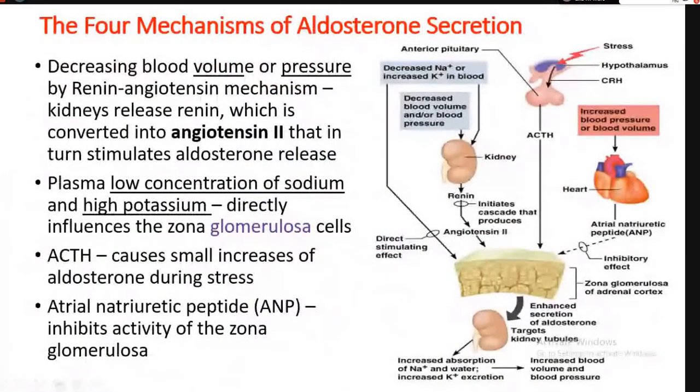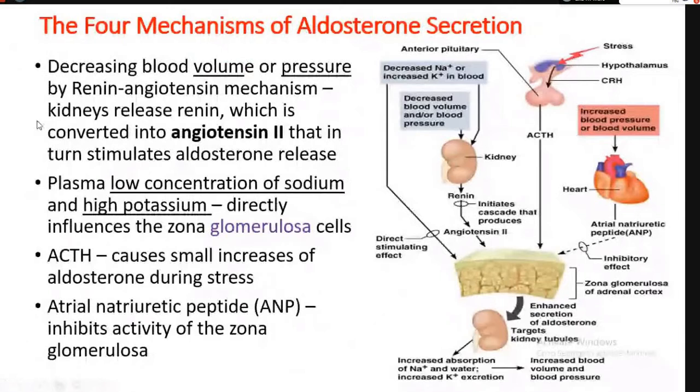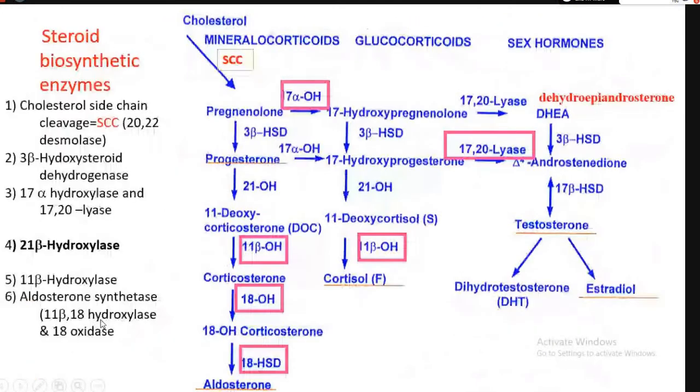For examination purposes, remember these four mechanisms for aldosterone secretion. Atrial natriuretic peptide is a hormone secreted by the atrium of the heart, which inhibits the activity of the zona glomerulosa.